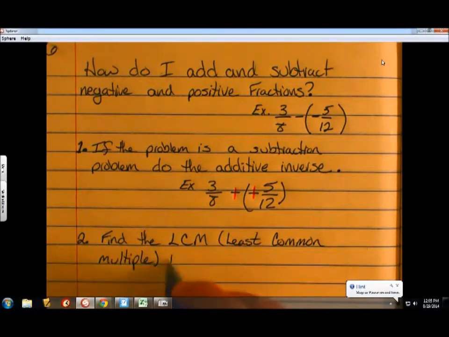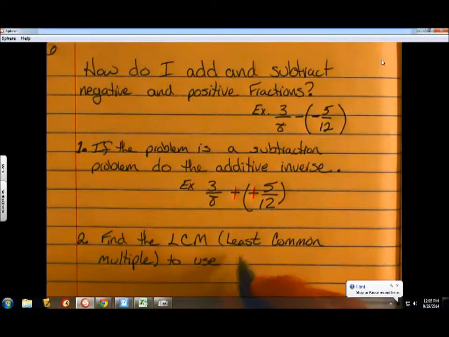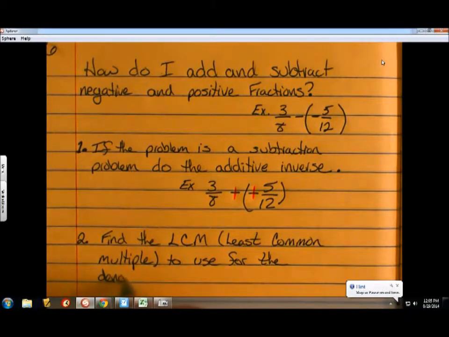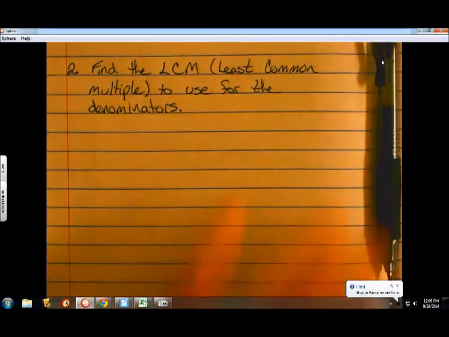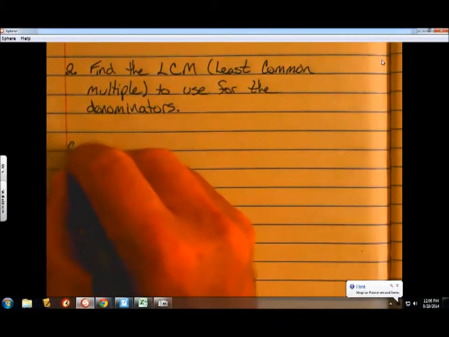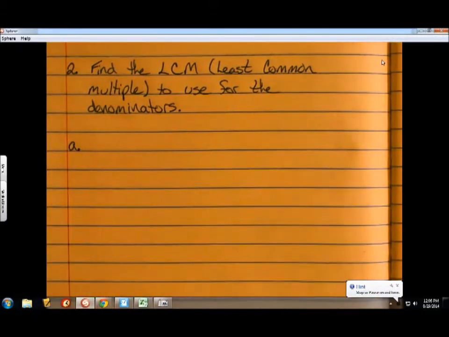So we're going to rewrite each fraction as an equivalent fraction that have denominators that are the same. So we're going to break up to A, B, and C.